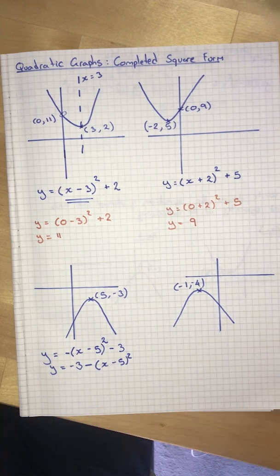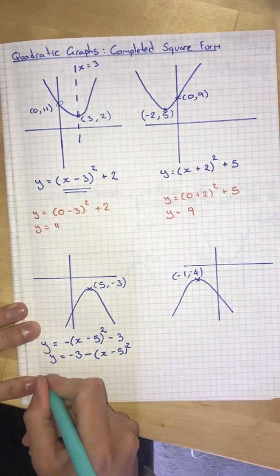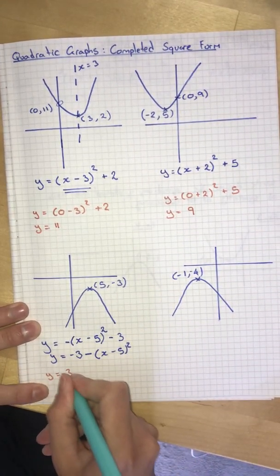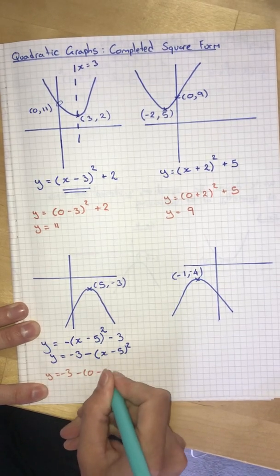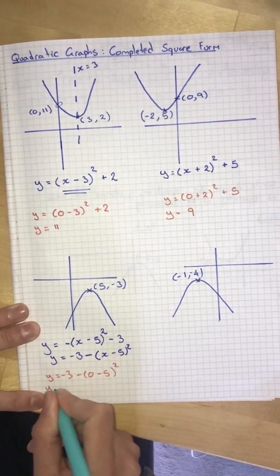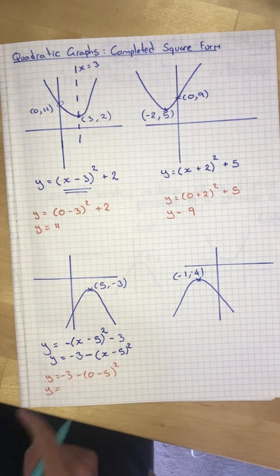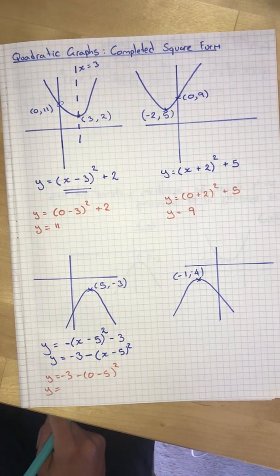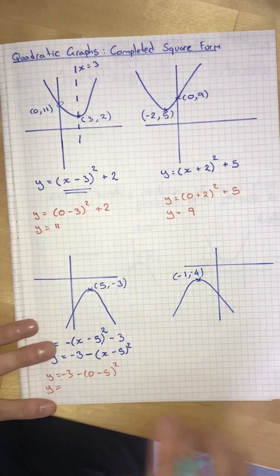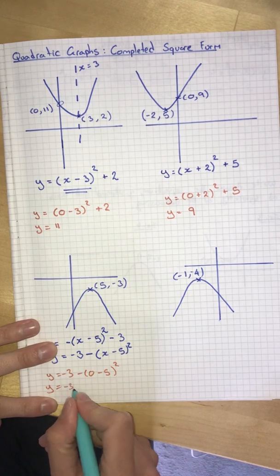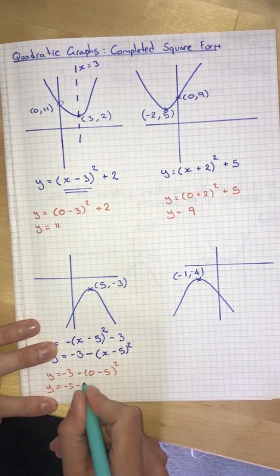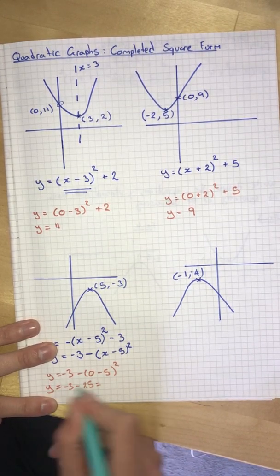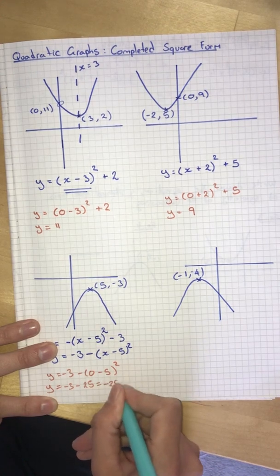And then the last thing we need is the y-intercept. Zero minus 5 is -5. -5 squared is +25, so it's -3 minus +25, which is -28.